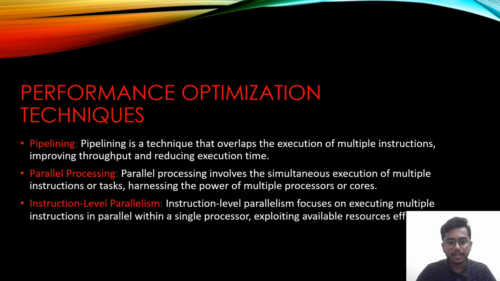Pipelining is a technique that overlaps the execution of multiple instructions, improving throughput and reducing the execution time. Parallel processing involves the simultaneous execution of multiple instructions or tasks, harnessing the power of multiple processors or cores. Instruction level parallelism focuses on execution of multiple instructions in parallel with a single processor, exploiting available resources efficiently.